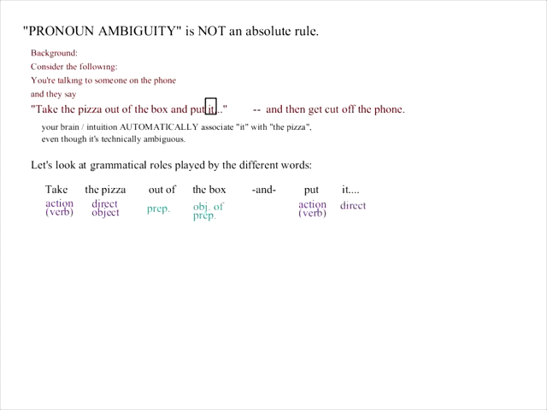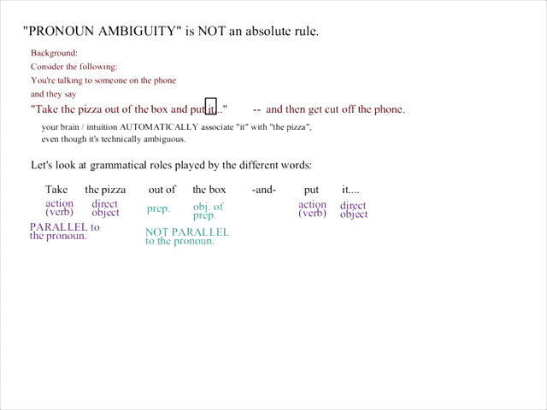And we have another direct object. So notice that this is parallel to the pronoun. And this is not parallel to the pronoun. So this is the distinction. Everybody give me a smiley face if you guys understand what this point is. Like, this word, which is the word that all of you, without exception, associated with it, is parallel to the pronoun in question, and this word is not.